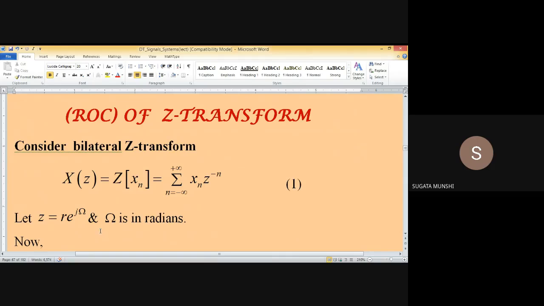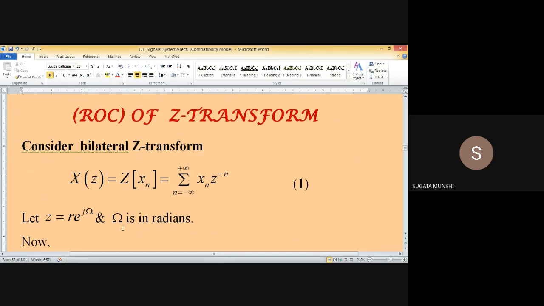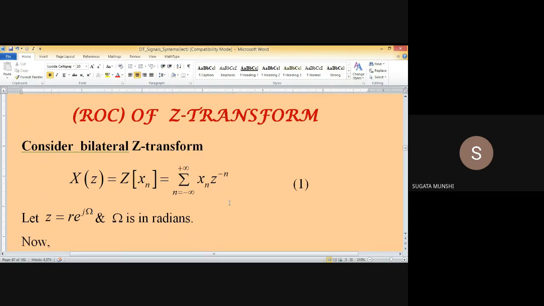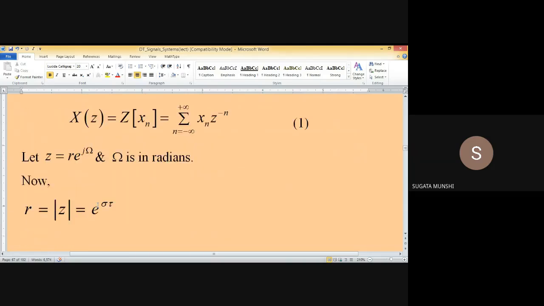If it were small omega into tau, small omega would have been in radians per second. R, you know, is e to the power sigma tau.